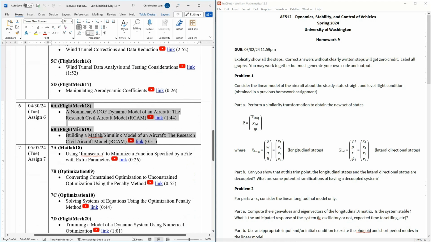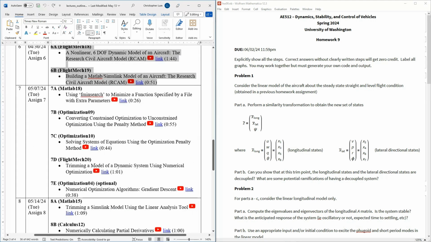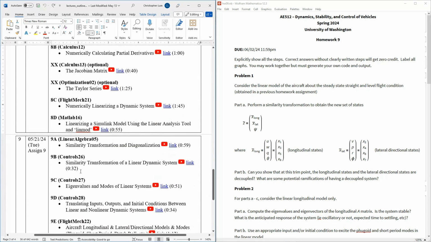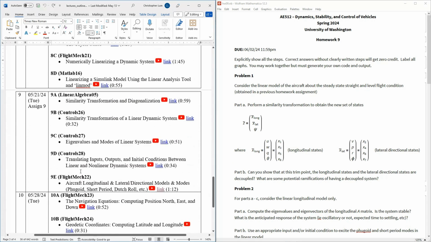So we have a nonlinear model. We went through this process of finding a trim point, numerically linearizing the system, and obtaining a linear model. So now we sort of have these two models, right? We have the nonlinear model, which is this high fidelity, 6 degree of freedom, nonlinear dynamic aircraft model. And now we've got a simplified linear model. So we've got two models in our hands right now.